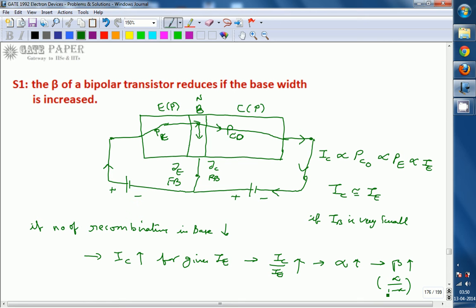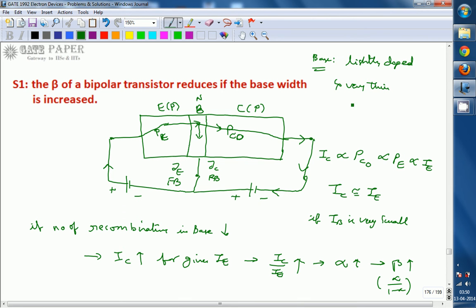So what we require is that the number of recombinations in the base has to reduce. If you make the base width increase, what happens to the number of recombinations? Generally, the base is lightly doped and very thin.